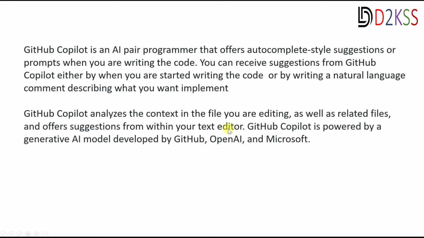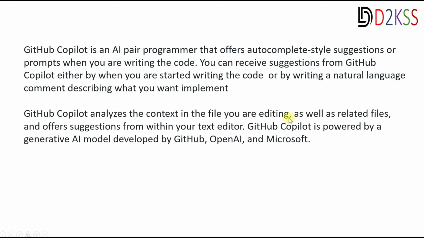GitHub Copilot analyzes the context in the file you are editing as well as related files, and offers suggestions within your text editor. This means the GitHub Copilot AI model helps analyze the context of what you want to write.